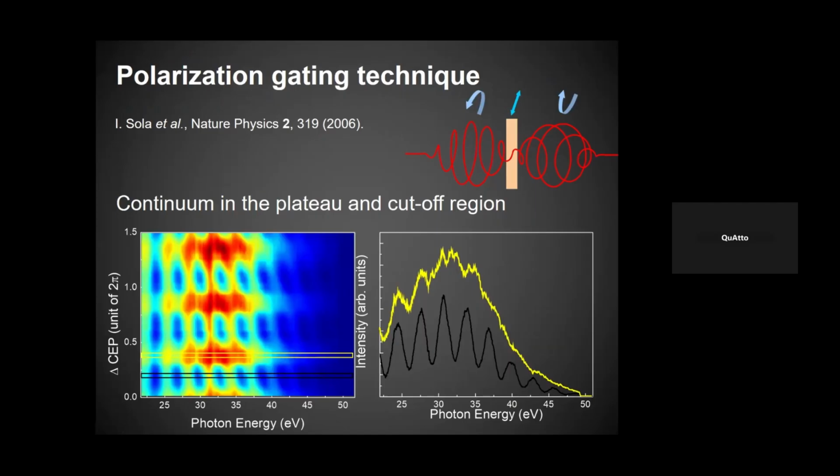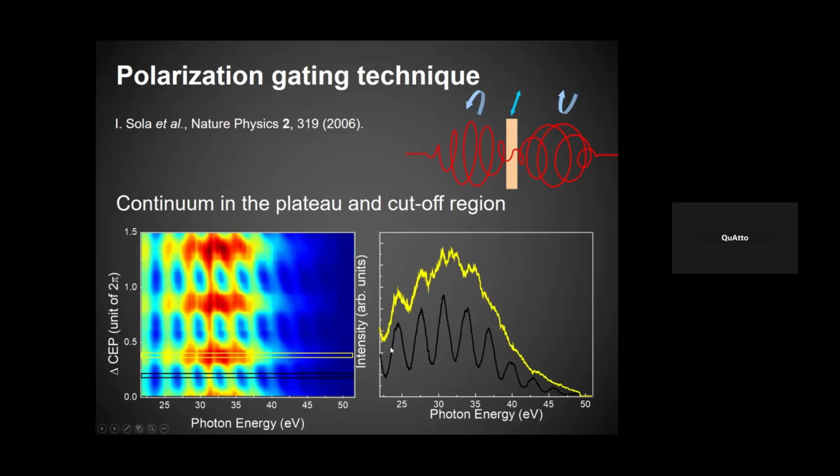We also observed these effects. Actually, Nico clearly observed this. Nico was also part of the network. In 2006, a few years later, using the polarization gating technique, so using a combination of birefringent plates, he could synthesize a pulse with this funny polarization state, and by controlling the carrier envelope phase, it showed a clear transition from a highly modulated spectrum, the black one you see here, to the yellow one, where we have almost a perfect continuum.